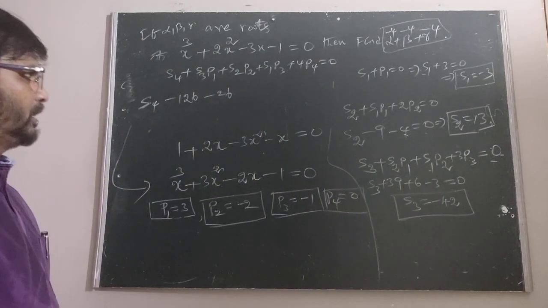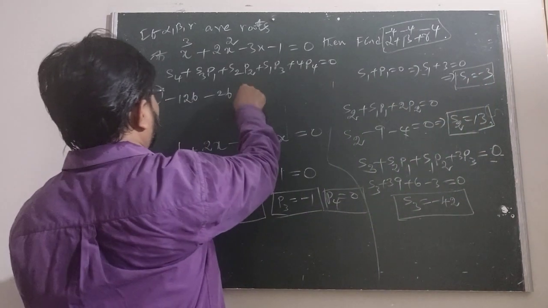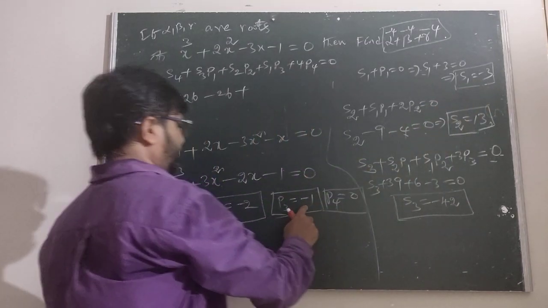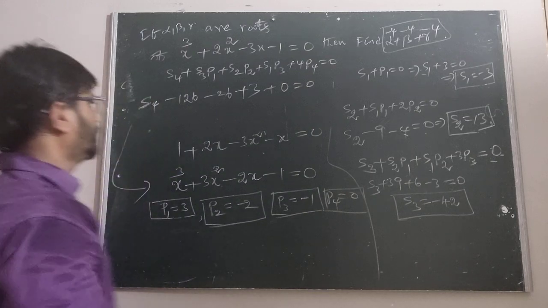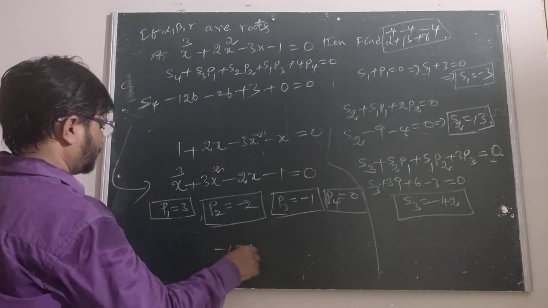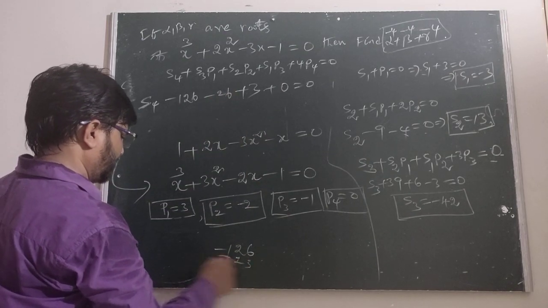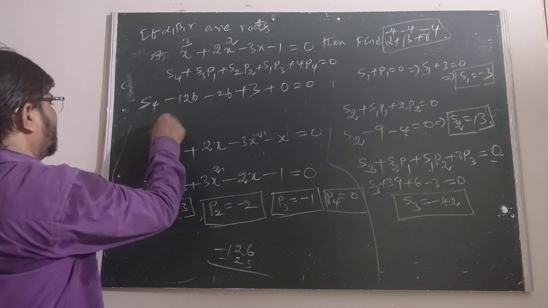Now S1 P3: S1 is minus 3, P3 is minus 3, that is 3. 4 P4 is 0. Now we can write here minus 126 minus 26 minus 3. Now this is minus 149.